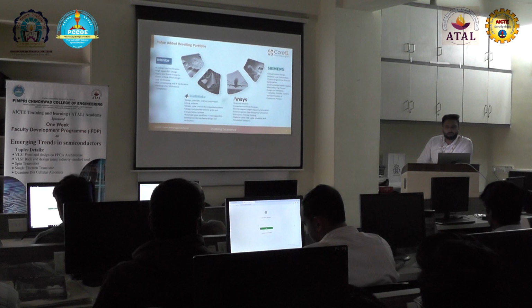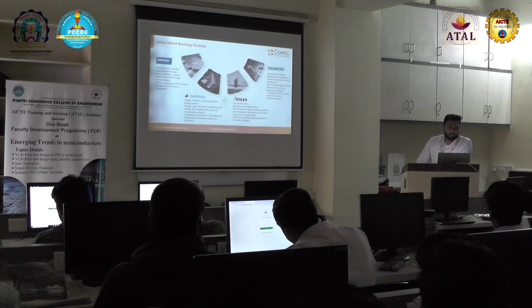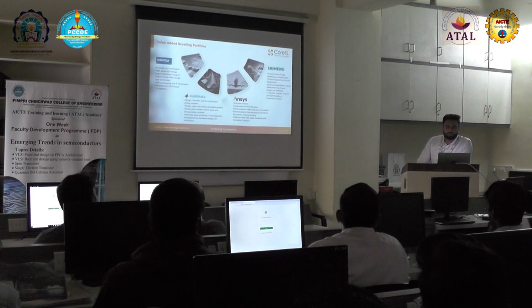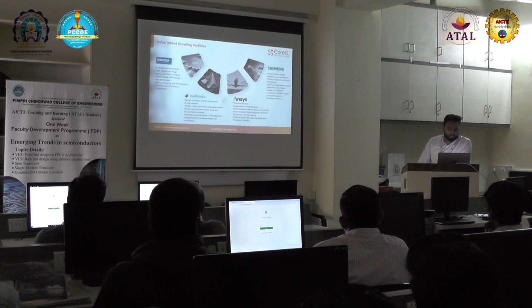One of the best advantages compared to Cadence is that Mentor Graphics tools are used by professionals as well as students and professors, and mainly Mentor Graphics is used in ISRO and DRDO for research and manufacturing.